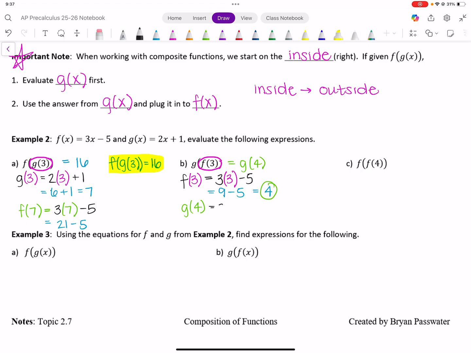So we're going to do 2 times 4 plus 1. 2 times 4 is 8, plus 1 means g of f of 3 equals 9. So notice how the order does matter. Whether f or g comes first, that does make a difference.